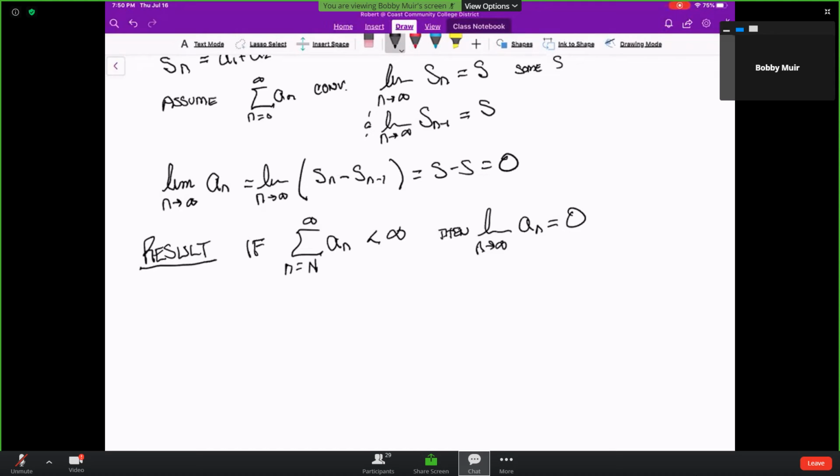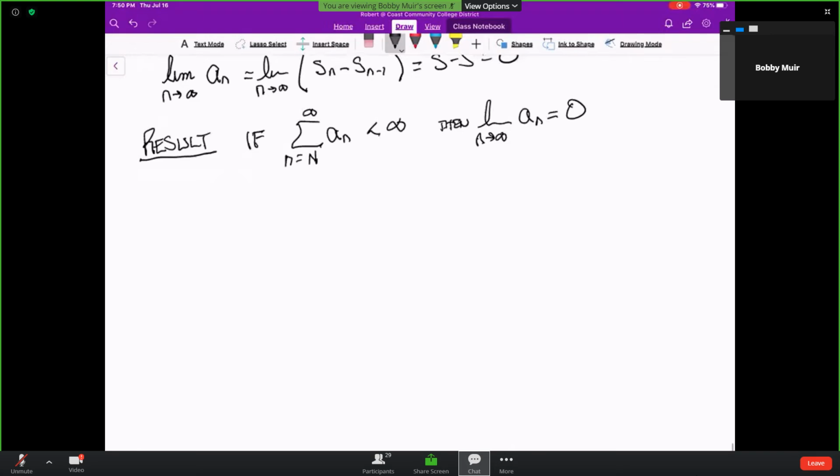Now you've got to be careful with this result, because the converse is not true. Just because the terms go to 0 doesn't mean the series converges. So here is the counterexample.